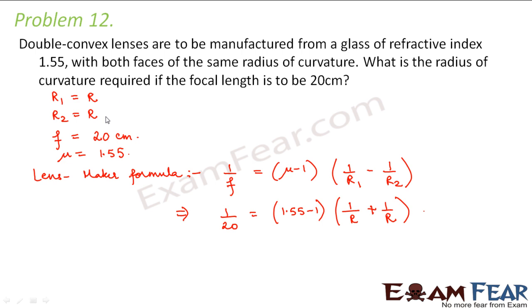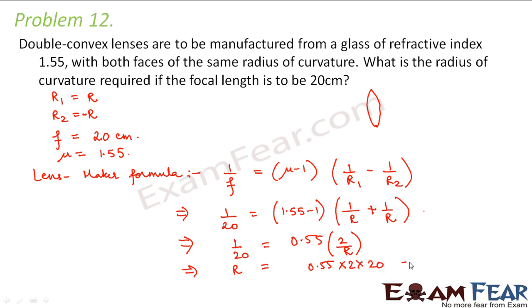Because if r1 is r, then r2 will be minus r, because it is going to be a convex lens. Therefore, 1 by 20 is equal to 0.55 into 2 by r. Or r is equal to 0.55 into 2 into 20, which comes out to be 22 centimeters. So this would be the radius of curvature required to make this double convex lens.